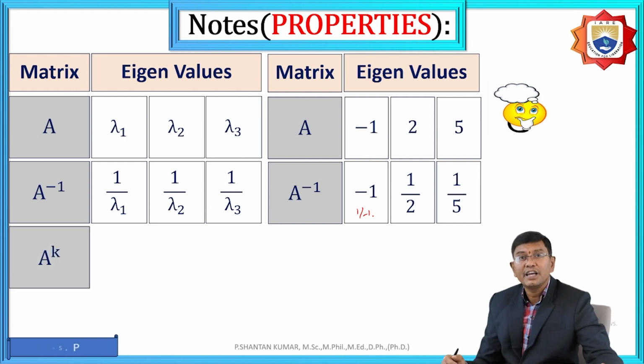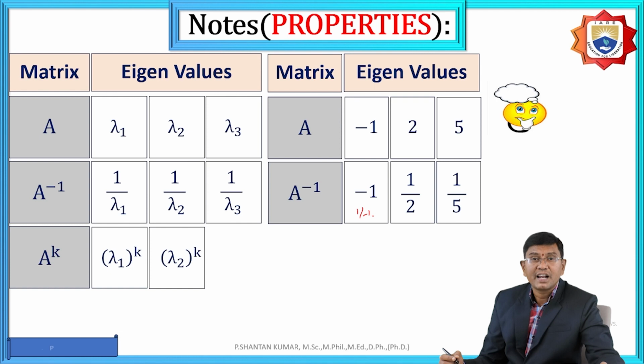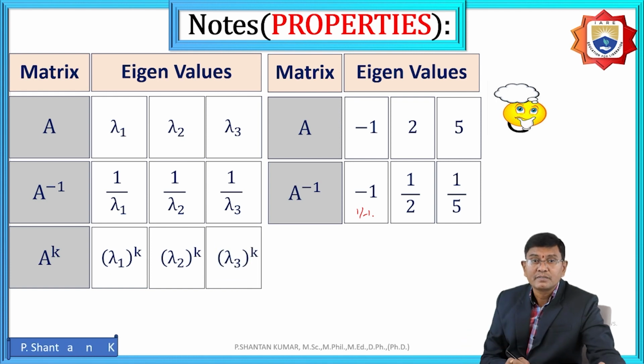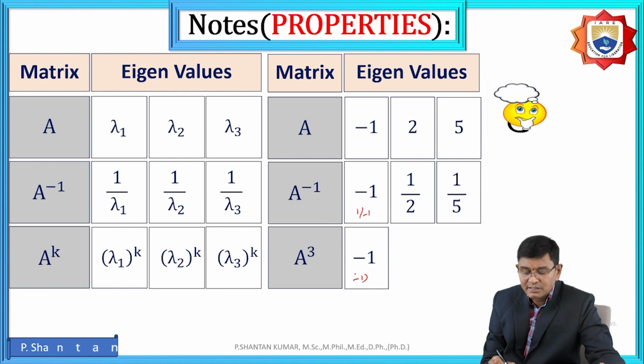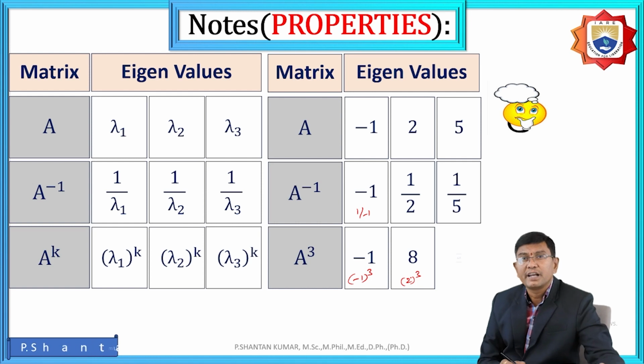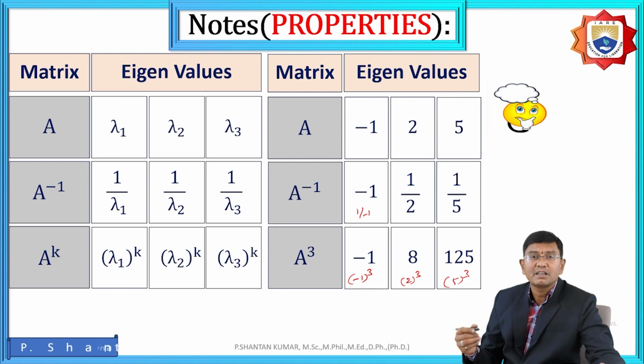Similarly, for A power k, the eigenvalues are lambda 1 power k, lambda 2 power k, and lambda 3 power k, the powers of the eigenvalues. For example, for A cube, minus 1 whole cube is minus 1, 2 whole cube is 8, and 5 whole cube is 125. These are the powers of the eigenvalues.